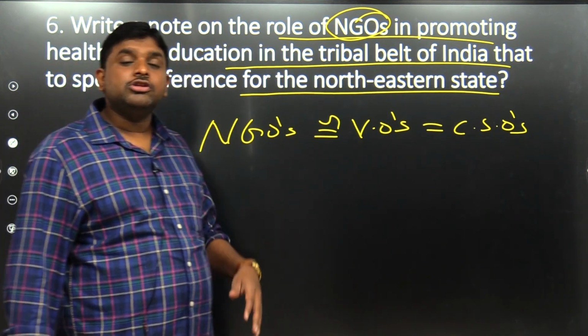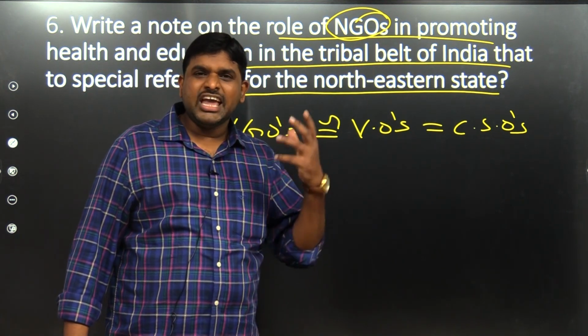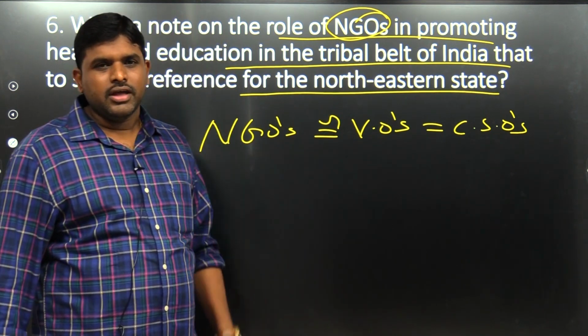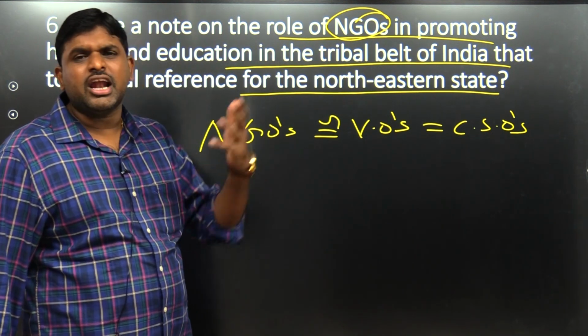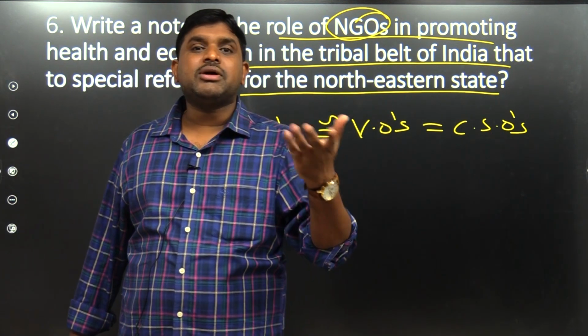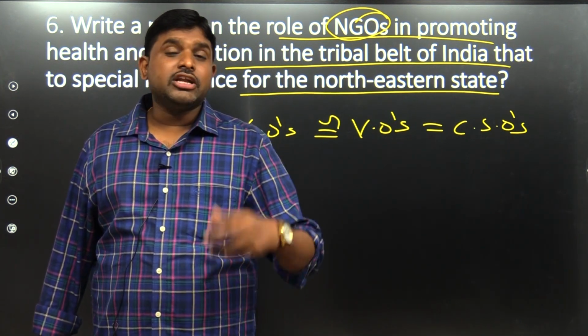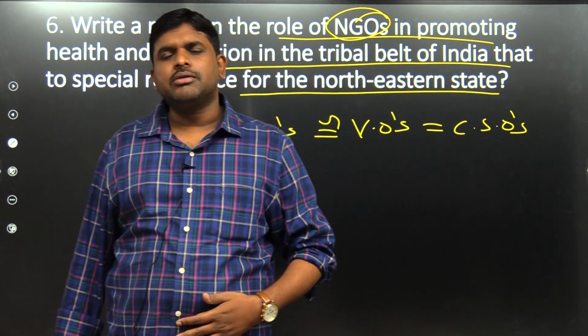In ancient India also, voluntary organizations existed by the name of rishis and saints. They used to help the tribal people by giving them health and food sometimes. At present, NGOs are helping tribal communities with education and health, such as Samata, Adimajati Seva Sangh, and Friends of Tribes.